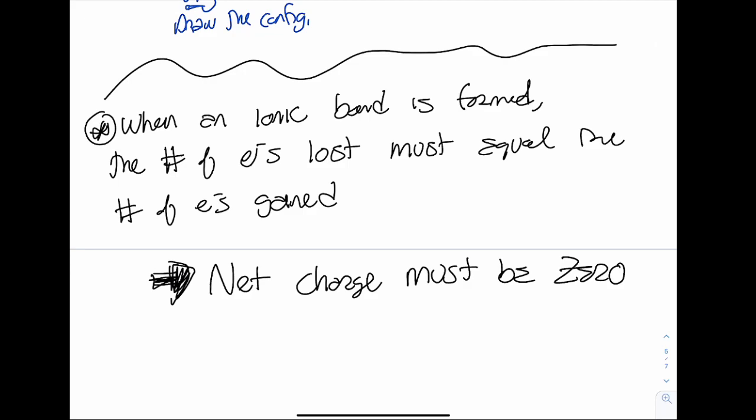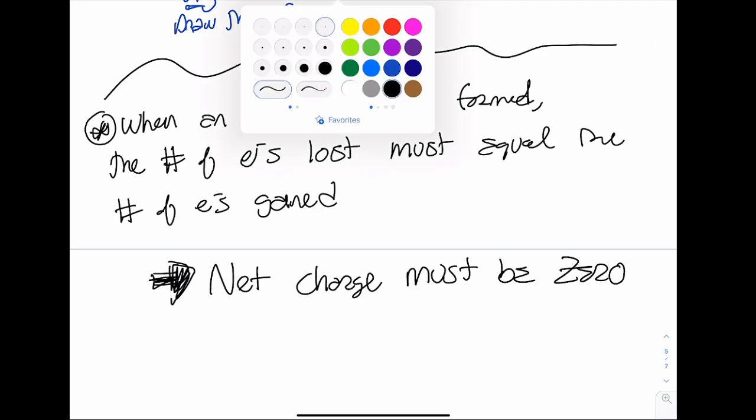So whenever we form an ionic bond, the net charge between the cations and the anions must be 0. If it's not 0, you messed it up. I'm not saying usually is 0 or is typically 0. I'm saying it must be 0. So the number of electrons gained must equal the number of electrons lost, which means my net charge must be 0.